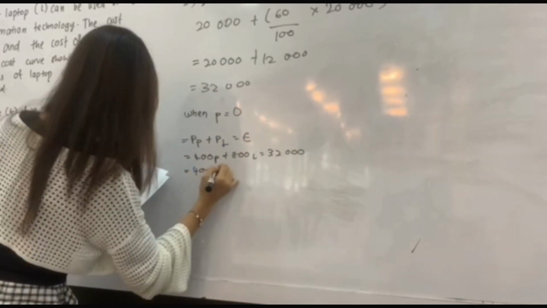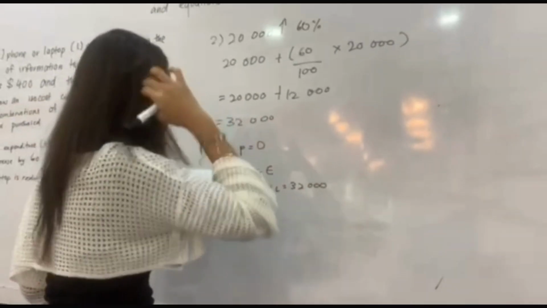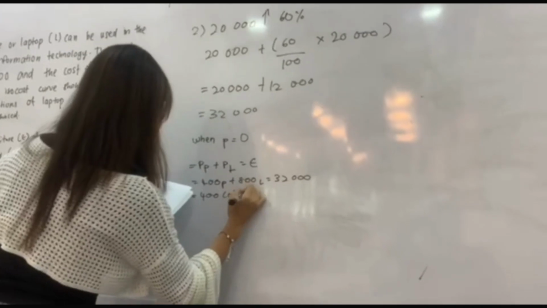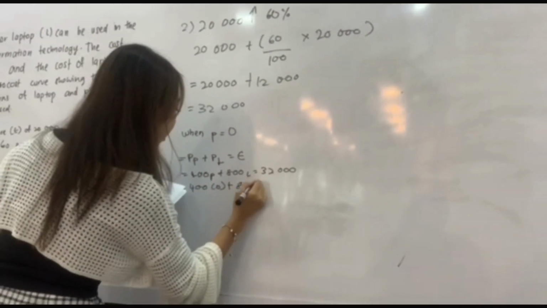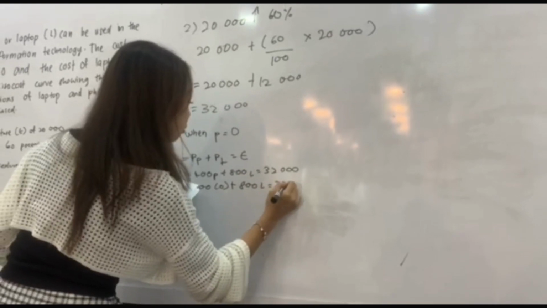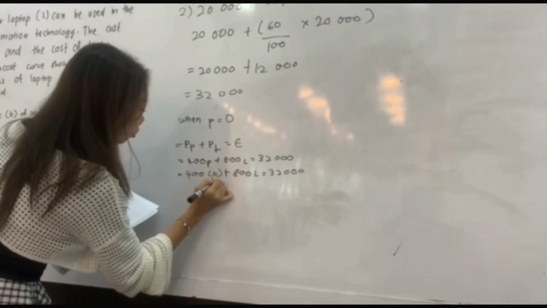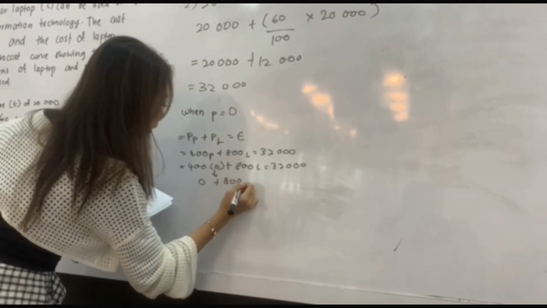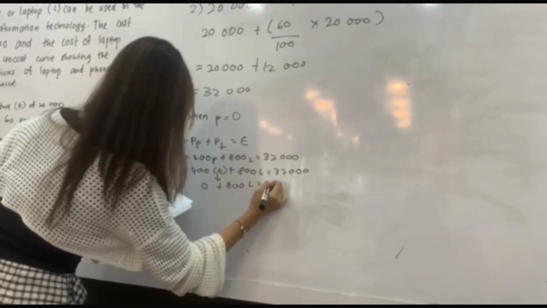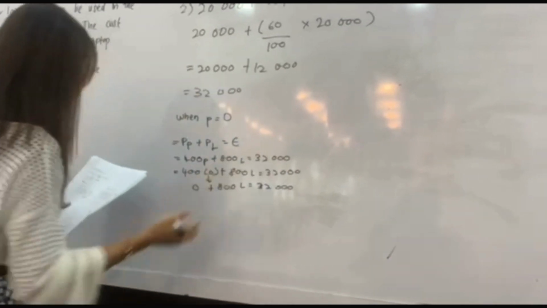Second, 400P, like the first question, same step, plus 800L equals 32,000. So turunkan 0 plus 800L, we get 32,000, same like the top.